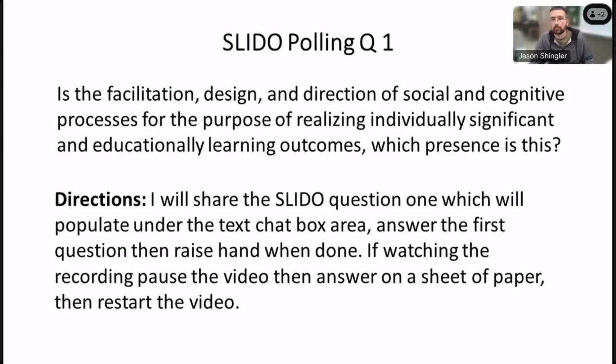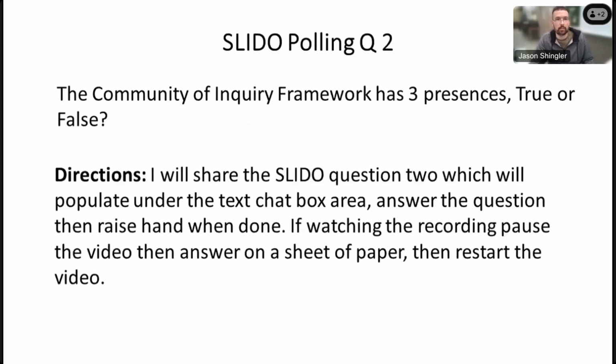All right. You both answered teaching, which is correct. I'm going to go on to the next one. The next one is: the community of inquiry framework has three presences, true or false. And you both answered true. And going on to the next one.